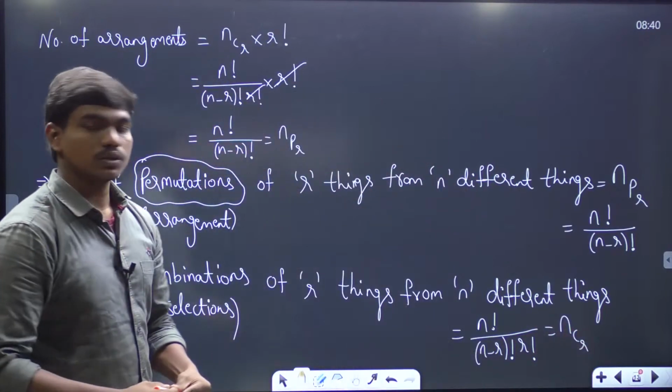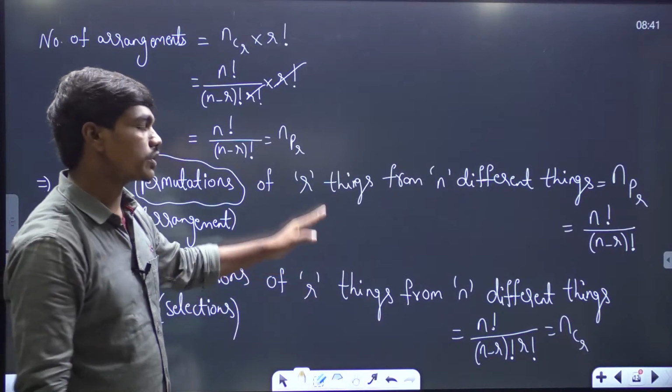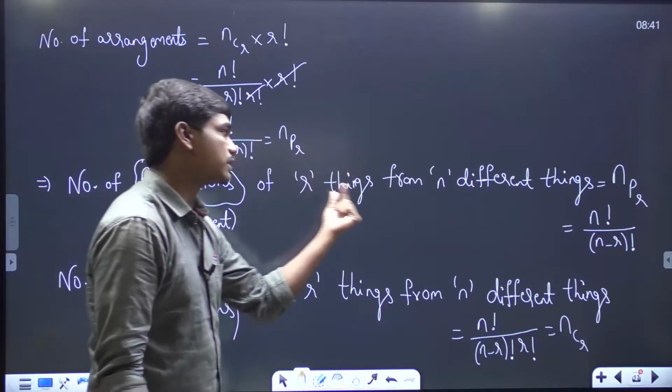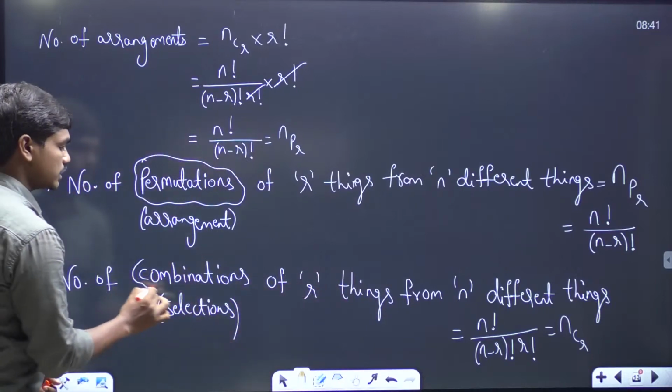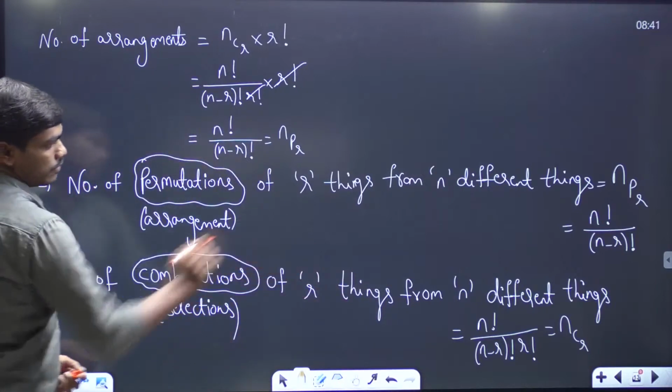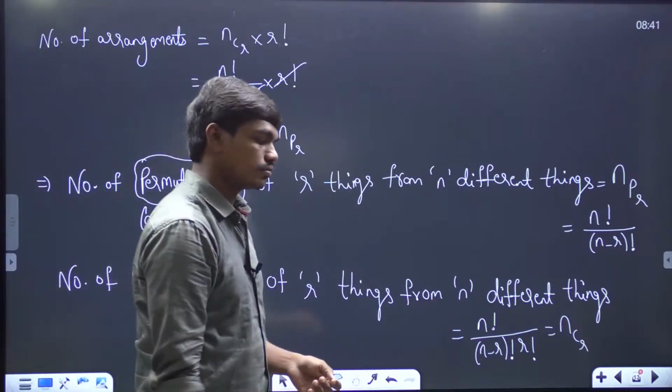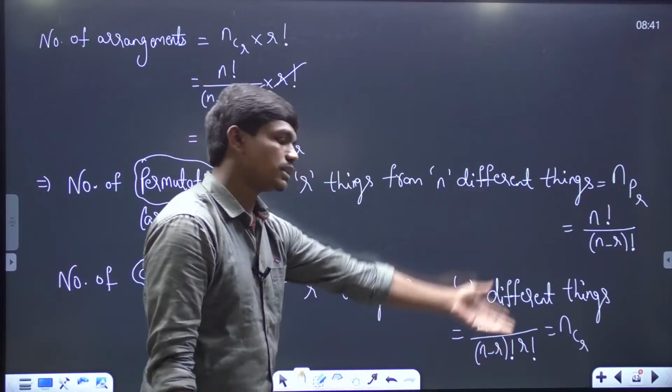Okay, so clear? So this is number of permutations that you can have for R different things out of these n different things, and this is number of combinations, basically selections you can have out of these n different things. Okay, you can see formula-wise it's different, correct?